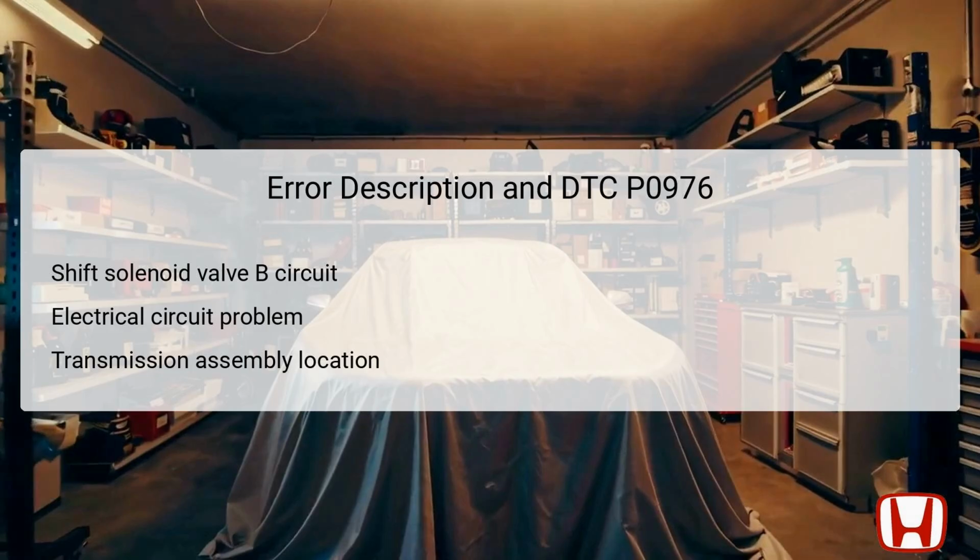It receives signals from the powertrain control module, PCM, to engage or disengage, thereby influencing the vehicle's ability to shift gears properly. Electrical issues such as shorts in the wires or poor connections can contribute to this fault, but mechanical problems are ruled out in this case. Understanding its location and function is crucial when diagnosing the issue effectively.